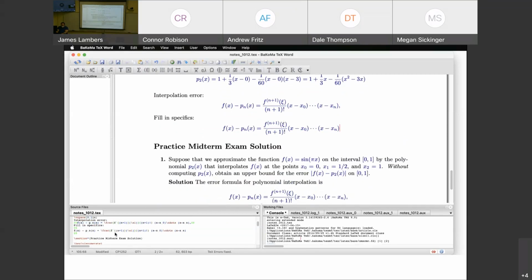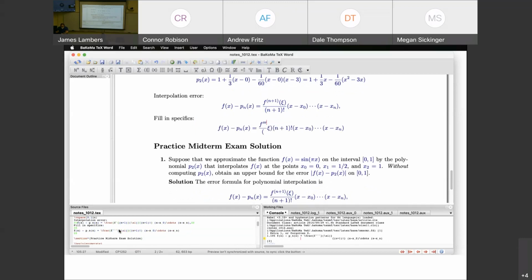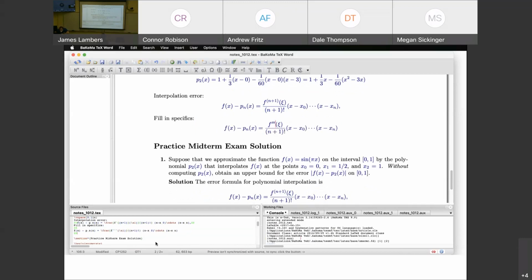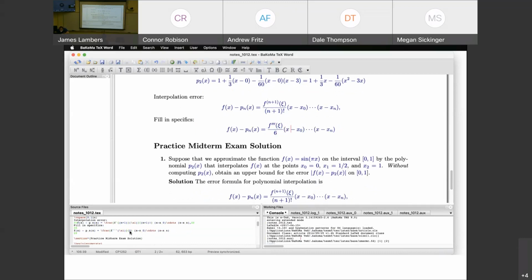Okay, so now I have f triple prime at an unknown point over 3 factorial. Then I have my linear factors for my interpolation points. So x minus 3, x minus 8. And so it's f minus p2.